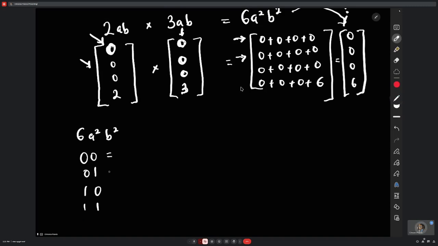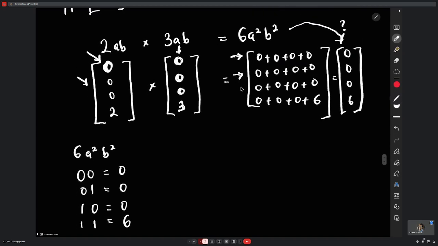Well, let's see. There's a squared, b squared. So this should be 0, right? 0, 0, 6. Are they not the same? Yeah, they should be. Over the Boolean hypercube, they are the same.